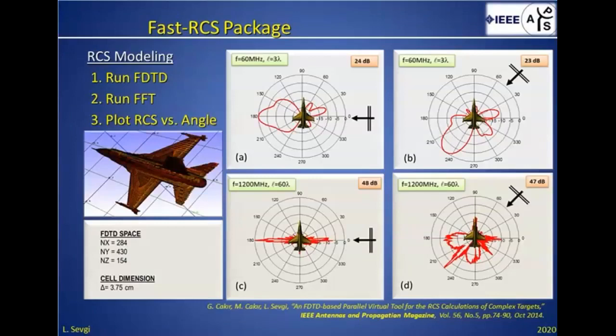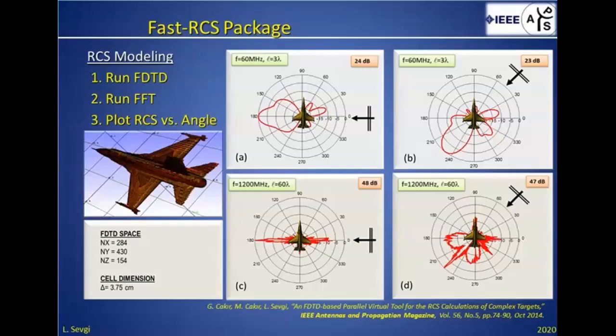But RCS is defined for single frequency, which means RCS is defined in the frequency domain. So if you use FDTD, you need to follow these three steps in RCS modeling. First, you run FDTD in the time domain and record time domain scattering transient effects.